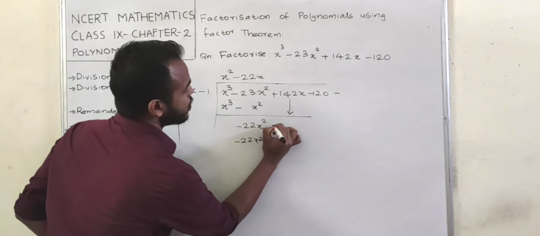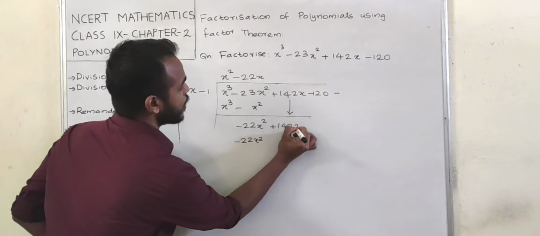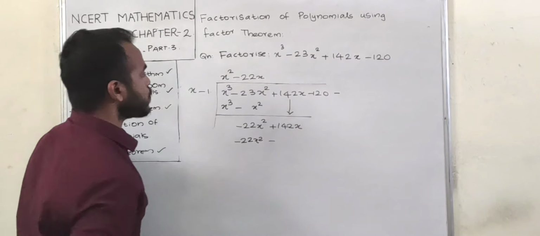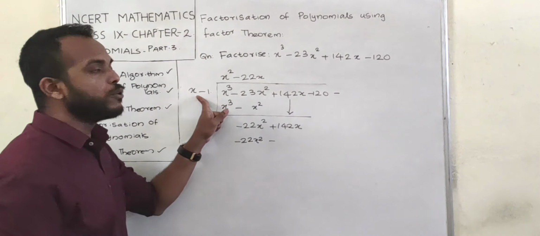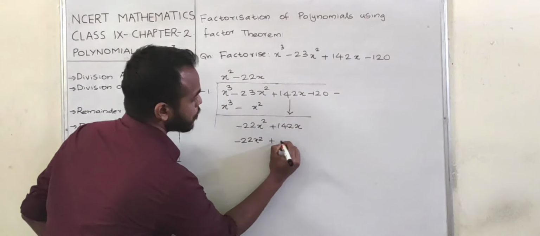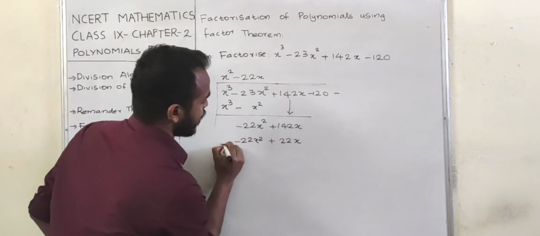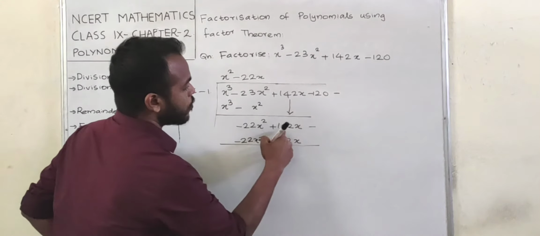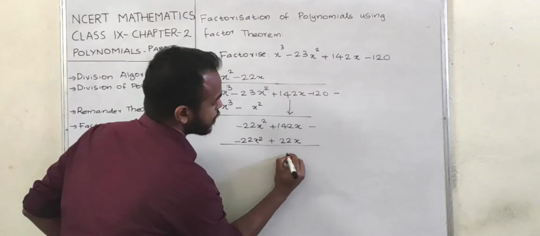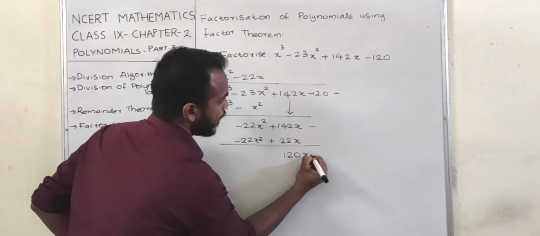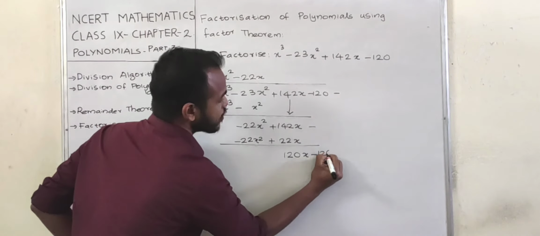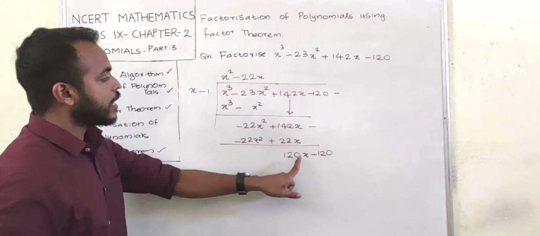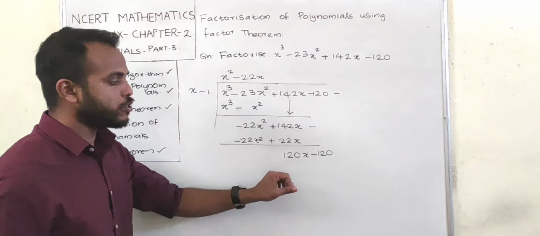It should be written here, plus 142x. Now minus 22x into minus 1 is plus 22x. Now just subtract this one. 142x minus 22x is 120x. Write down the next one, minus 120. Now here it is plus 120x.